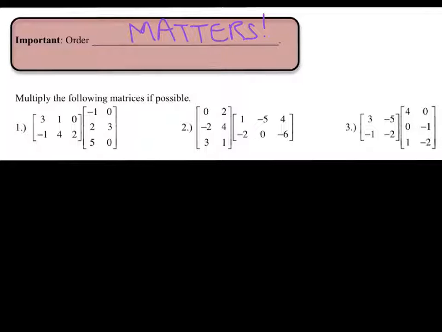So A times B is not the same thing as B times A. It's not commutative, and order does matter when multiplying matrices. I know it's never mattered before in multiplication, but it does for a matrix.